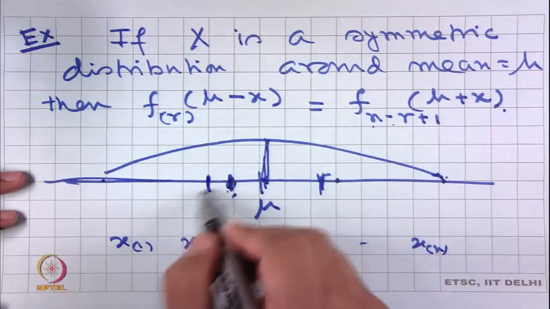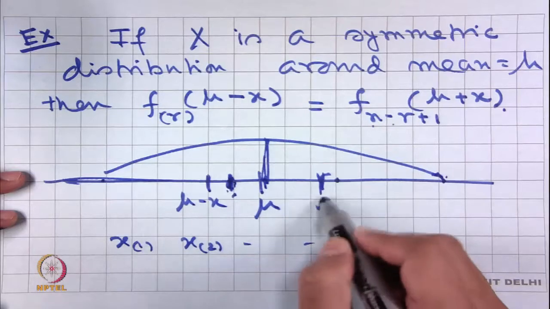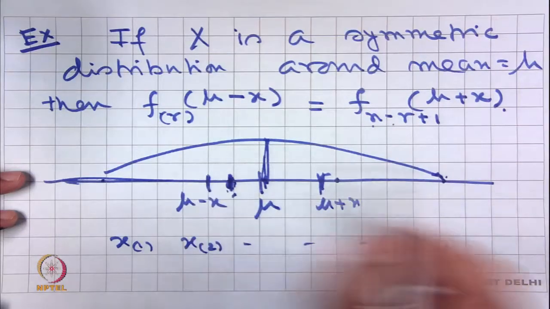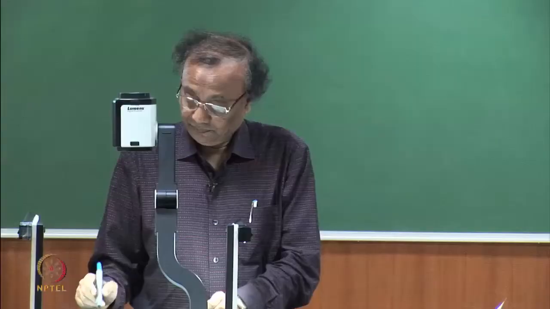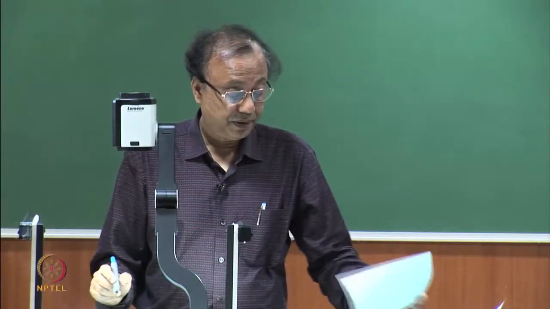If this is mu minus x, this is mu plus x. These two will have the same density function. How do you prove it mathematically?